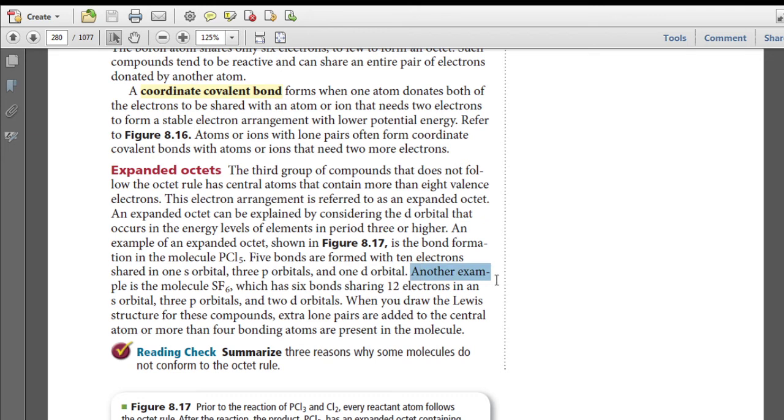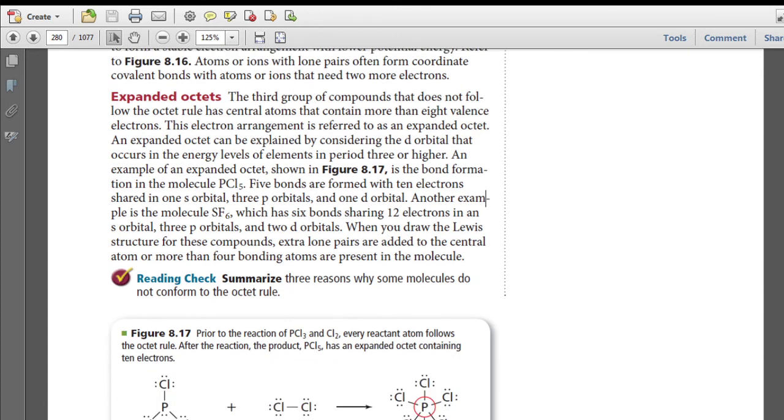Another example is the molecule sulfur hexafluoride, which has 6 bonds sharing 12 electrons in an s orbital, 3 p orbitals, and 2 d orbitals. When you draw the Lewis structures for these compounds, lone pairs are added to the central atom, or more than 4 bonding atoms are present in the molecule.